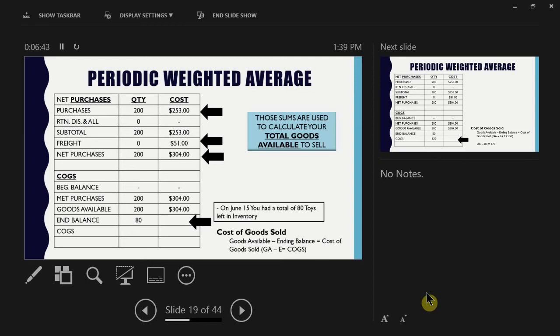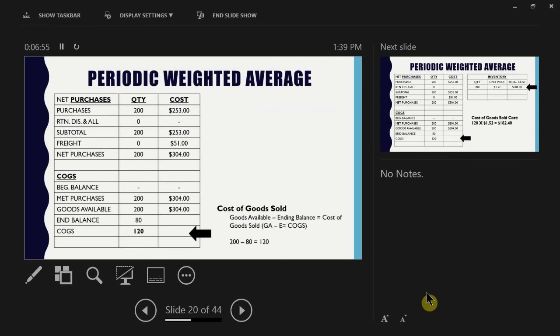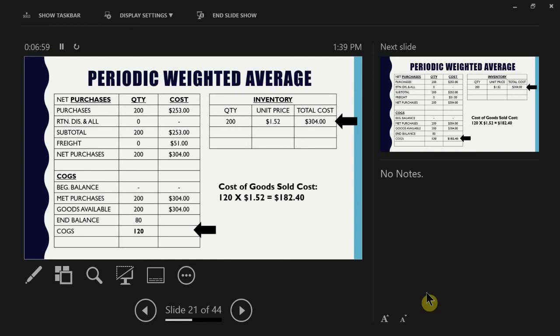So in this case, the cost of goods sold equation holds true. To solve for the cost of goods sold, right, you take your goods available minus your ending balance to get 120. Now here's the catch. Our table says that we have 200 items available for the grand total of $304, costing $1.52 per item.